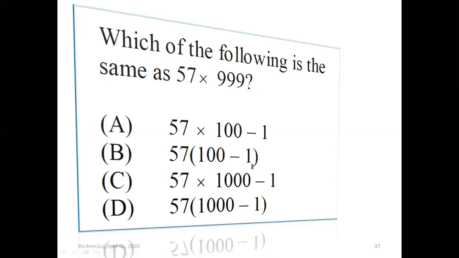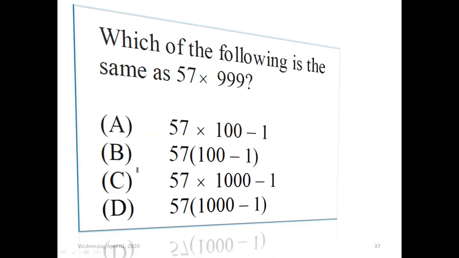Sir, B. You know what B would give you? B would give you 57. D, sir, D. All right, because of how that works when I do the bracket first. Very good.